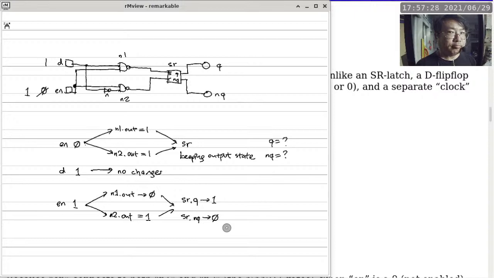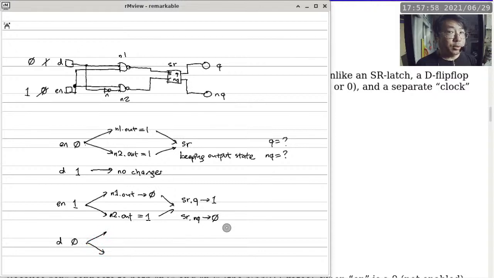Alright. So we're going to do one more change just to see whether we can follow the propagation of changes. Let's change D from a 1 to a 0 right now. EN is still a 1, but we are changing D from a 1 to a 0. We want to see what happens in this case and how it affects the circuit.